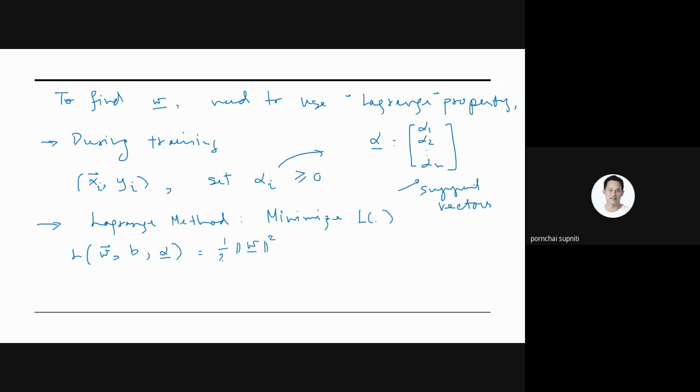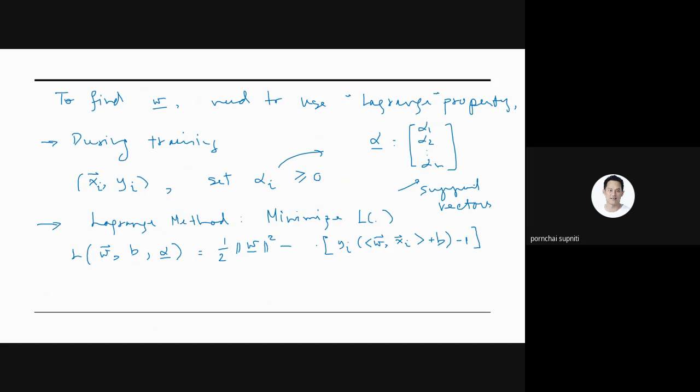But here we will write it as 1/2 of the weight vector norm squared. And we will also subtract the condition, yi multiplied by w dot xi plus b, which is equal to 1. So we put minus 1 here.